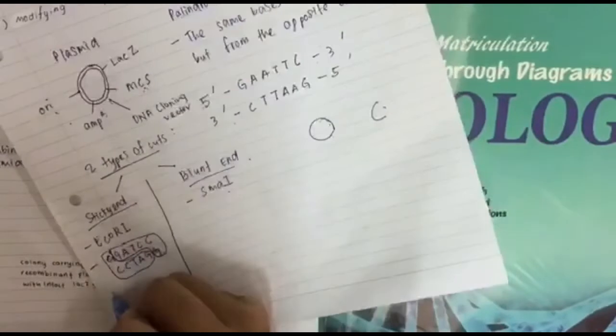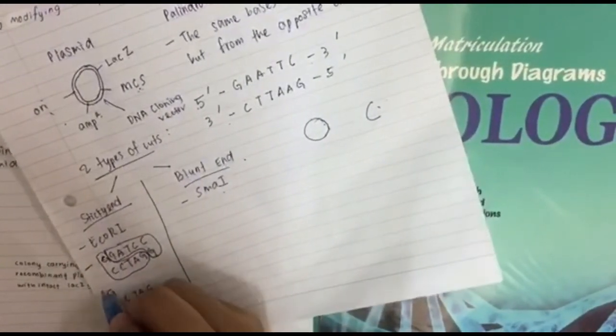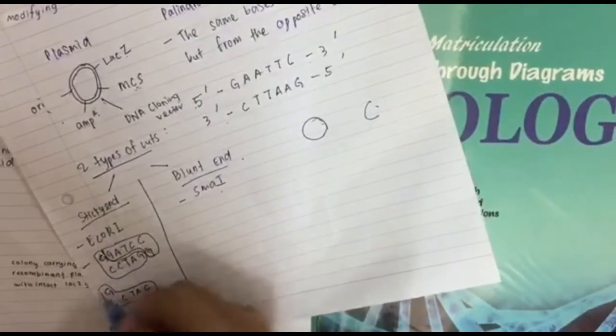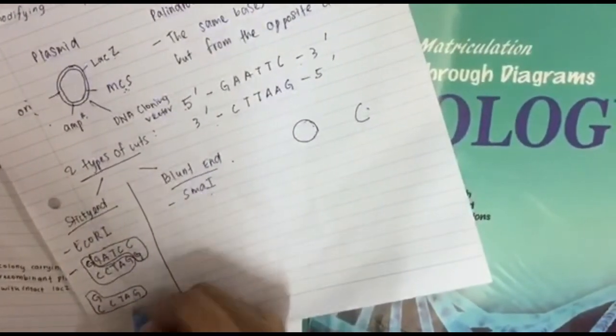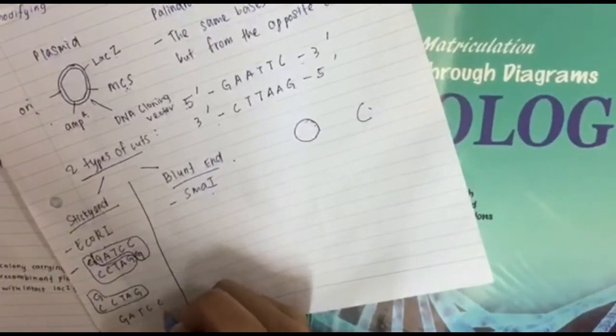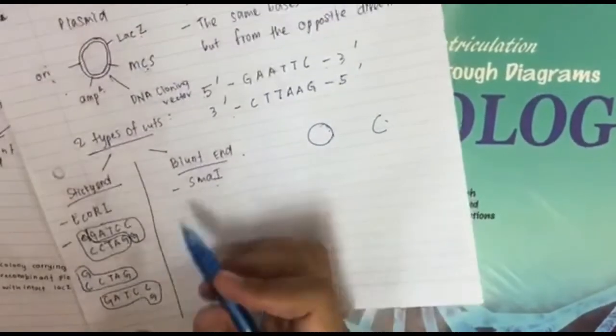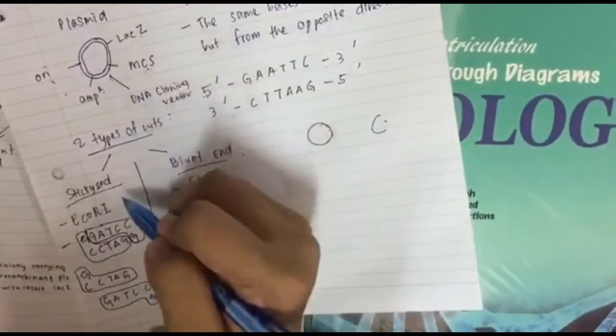So it will be G, C, C, T, A, G and G, A, T, C, C, G. Okay, this is the way to cut for the sticky end.